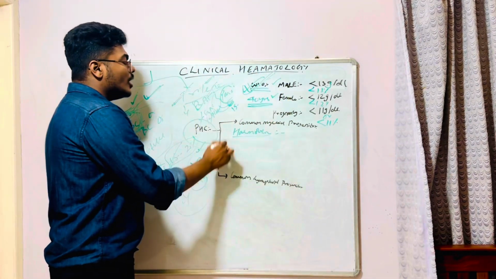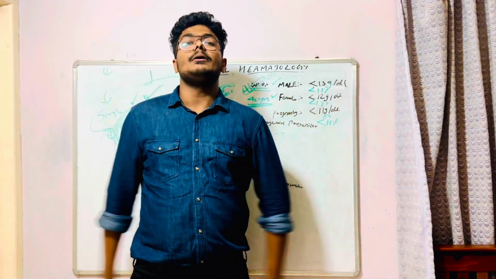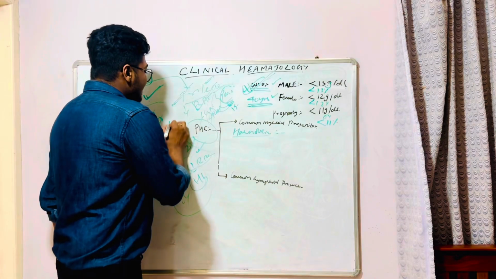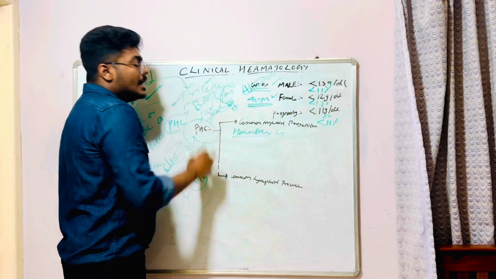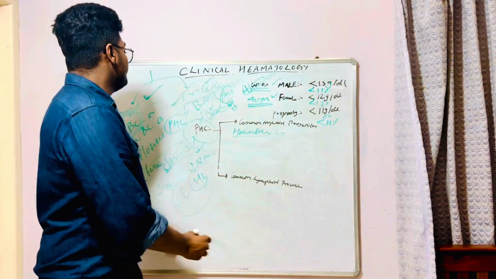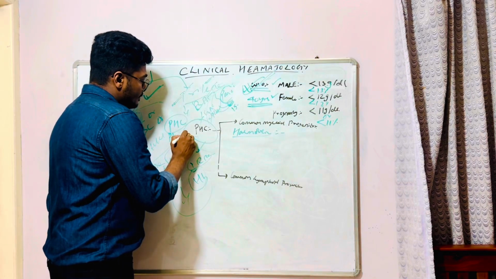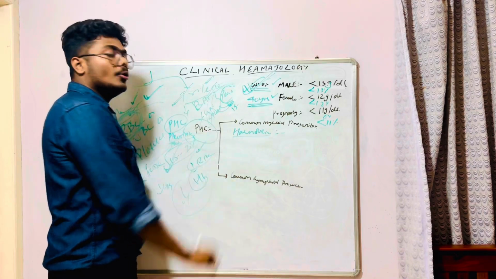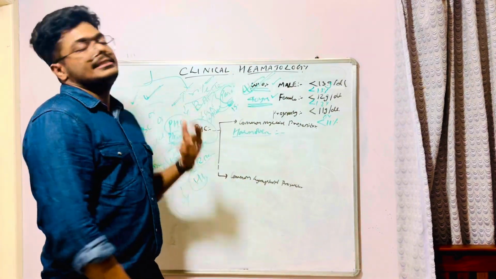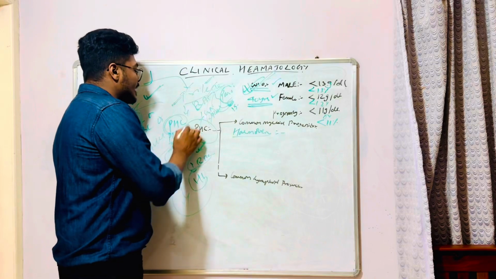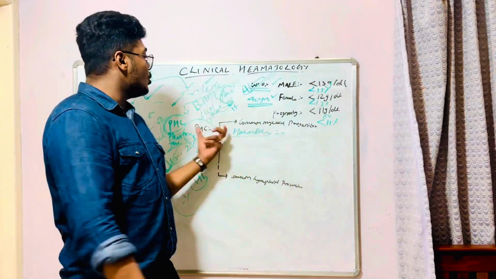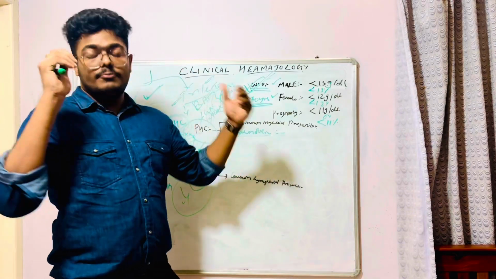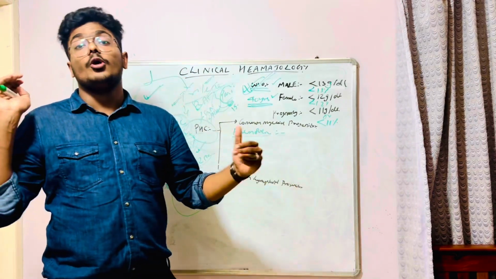Now, hematopoiesis occurs from a group of stem cells called PHC. What is PHC? Pluripotent hematopoietic stem cell. From the pluripotent hematopoietic stem cell, the basic hematopoiesis is going to occur.